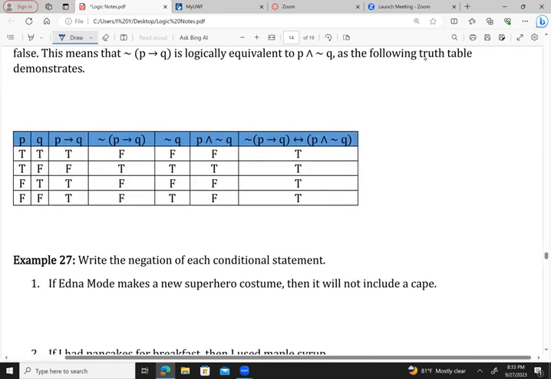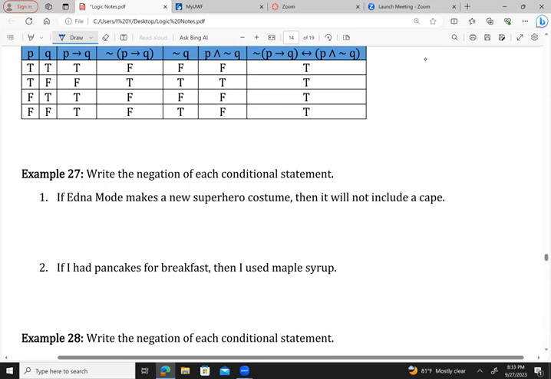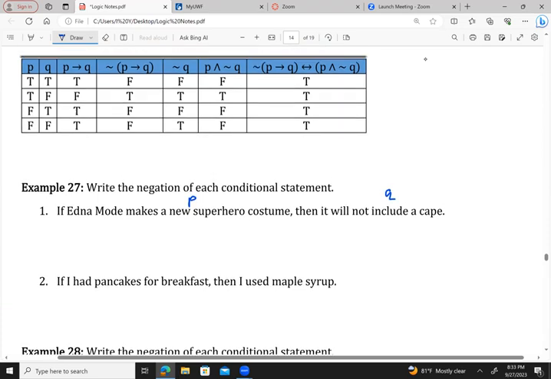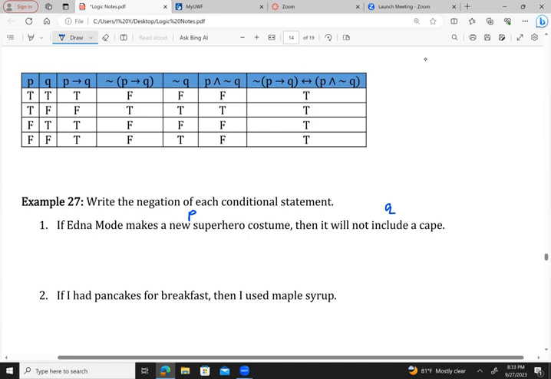So let's look at this. Write the negation of each statement. If Edna Mode makes a superhero costume, then it will not include a cape. So again, if we label this first statement P and Q, I'm looking at if-then, and I want to negate that.